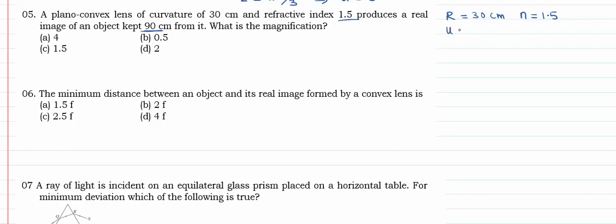So U is given; the object always comes on the left of the lens, so by sign convention it is minus 90. You are required to find the magnification. For a lens, M is equal to V by U, or you can even write it as F by U plus F, or even as F minus V by F.